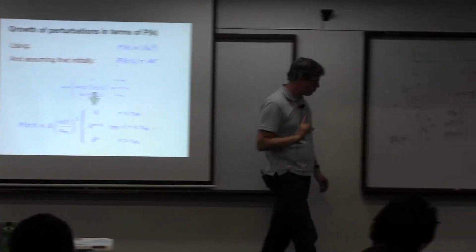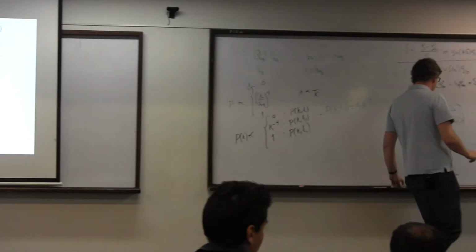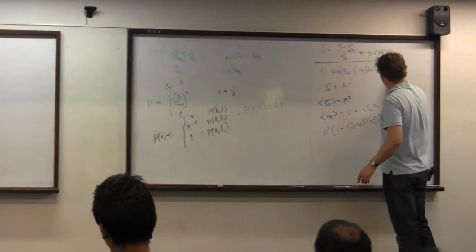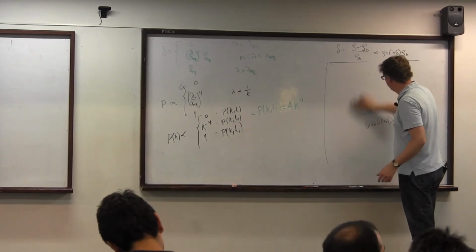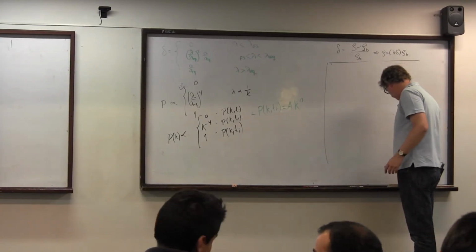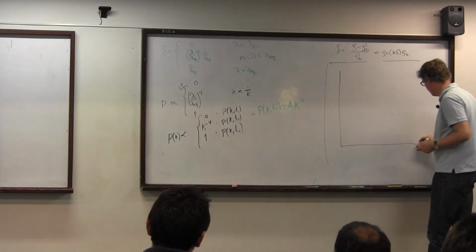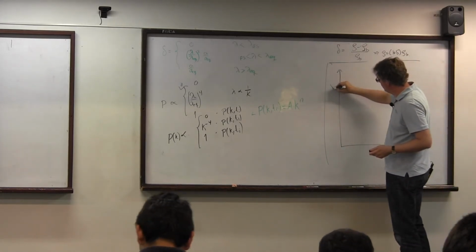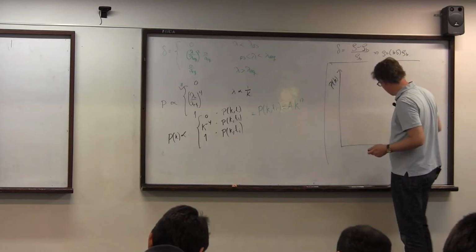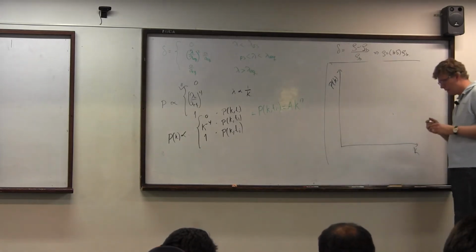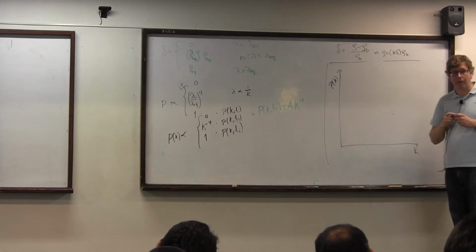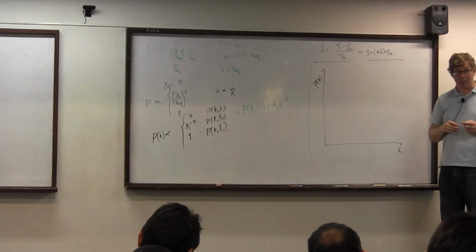So now let's draw that, because that's what's informative. Let's draw what that looked like: P of k versus k. Let me start out by drawing the initial power spectrum.